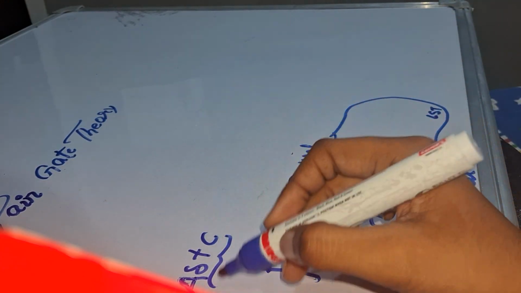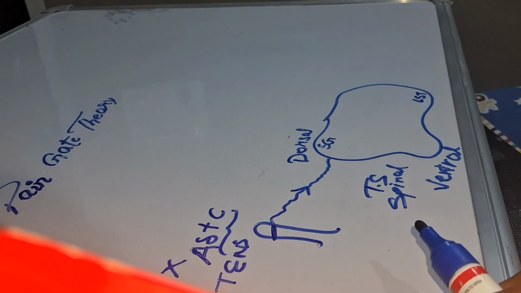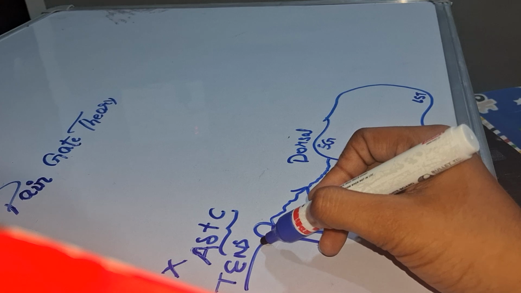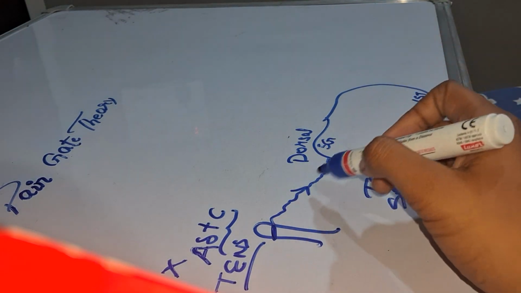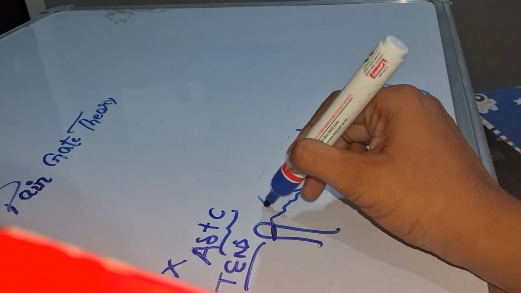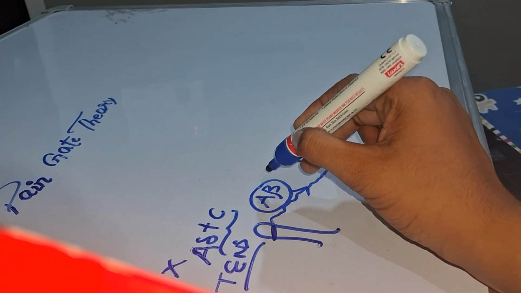As soon as we applied the TENS, our modality, the vibrations, are there. So the vibrations will travel through the A beta fibers, meaning the A beta fibers are activated.